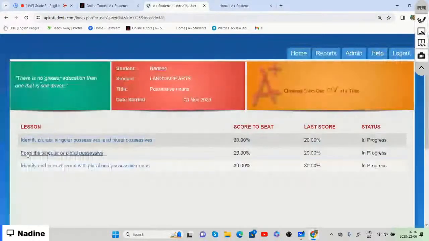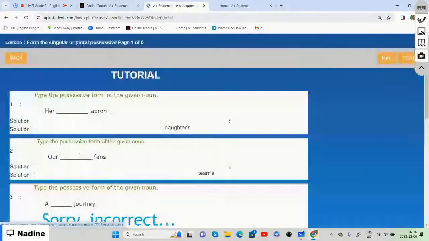All right, so now we're going to form the plural possessives. And in this case, they haven't given us the word, right?